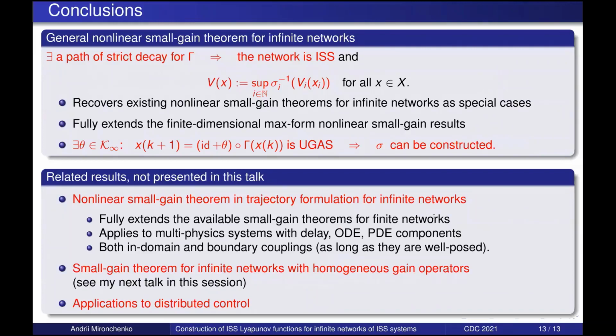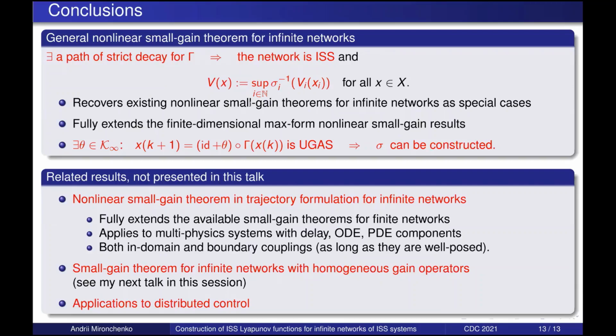Let me conclude our developments. If we have an infinite network with nonlinear components, with nonlinear type of interactions, and without any kind of spatial invariance assumptions, then we can use our small gain theorem to analyze stability of the network. Then we need to construct the gain operator, and if it has a path of strict decay, then the network is input-to-state stable.